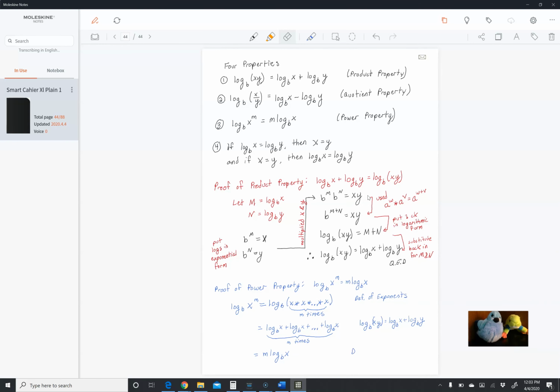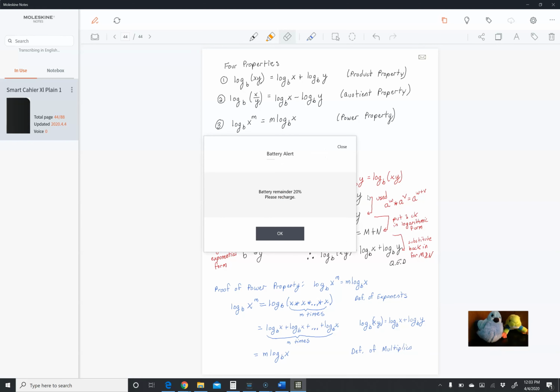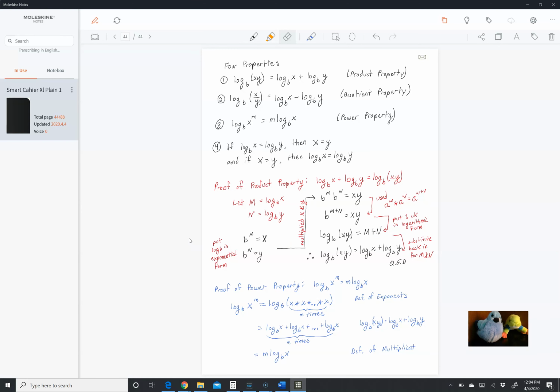This is the definition of multiplication. QED, because we're done. The left side is equal to the right side. Okay, so that's the proof of the power property.